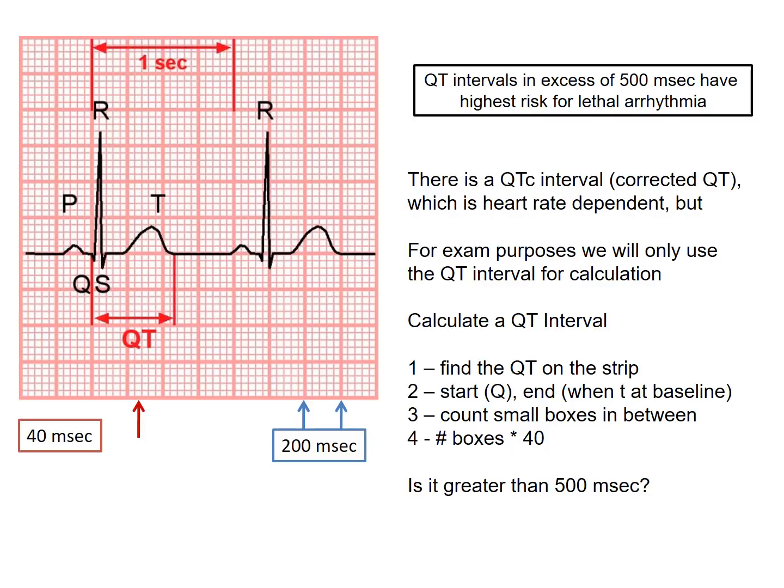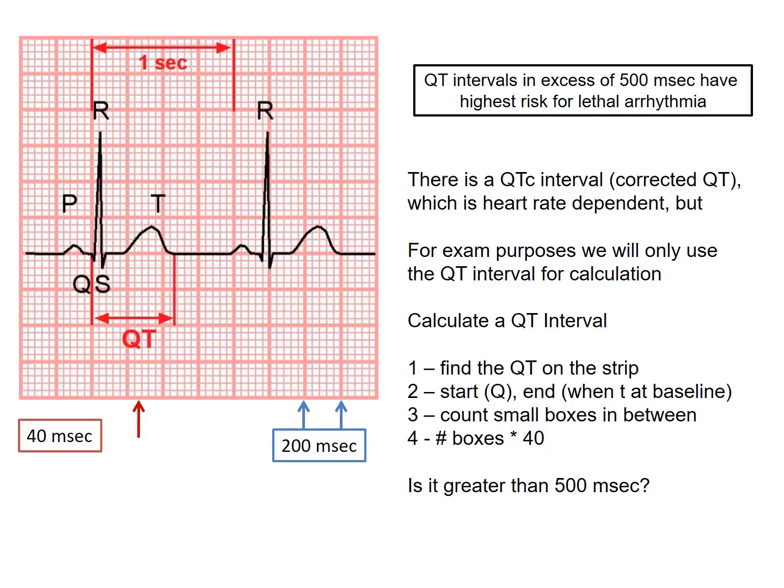And you can measure that QT interval or any other interval by counting up the number of little boxes that it takes to get from beginning to end. So look at that QT interval, count the number of little boxes between Q and T, multiply by 40, and you get the duration of time in milliseconds.